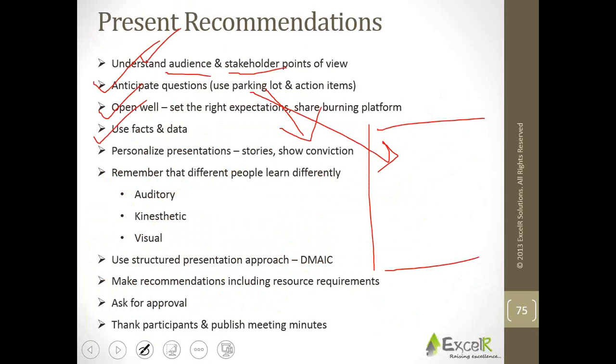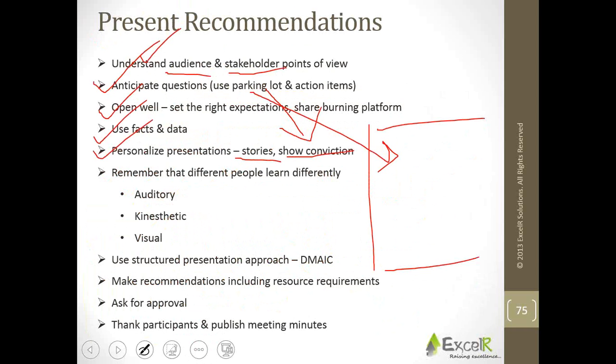Use facts and data. Do not speak on the fly. Always have your data ready whenever you speak about any improvement. Personalize presentations, stories, or show conviction. That means, suppose there is an issue related to the garment shop, sales are dipping.